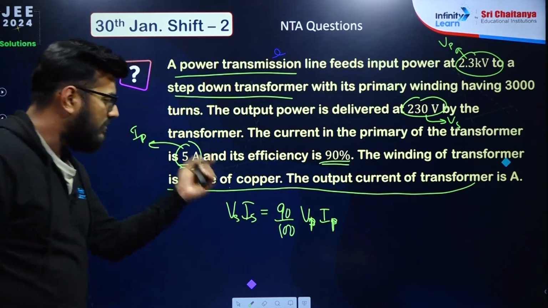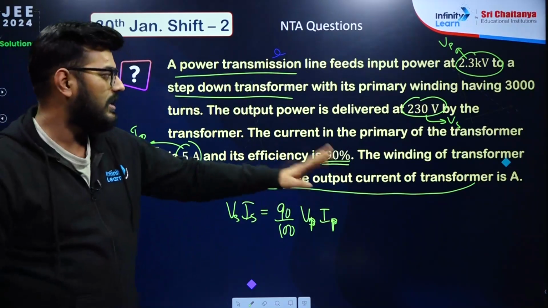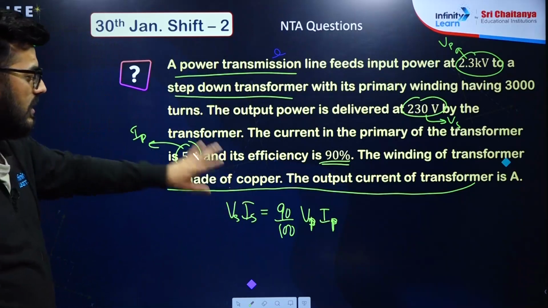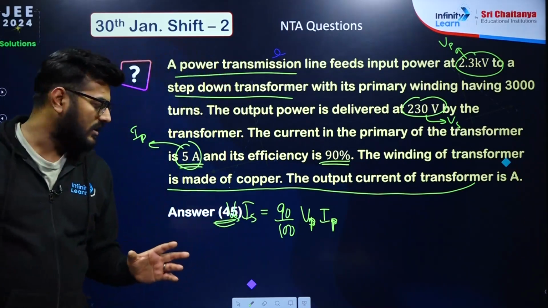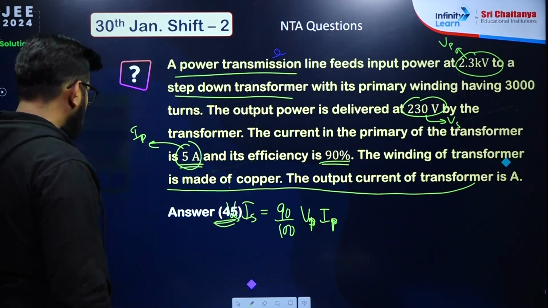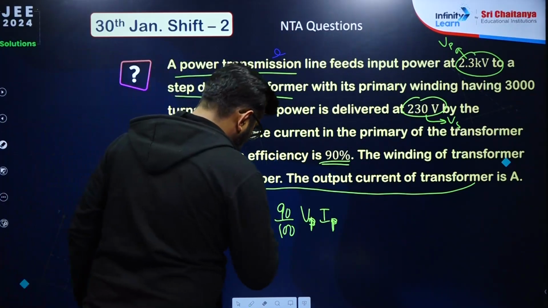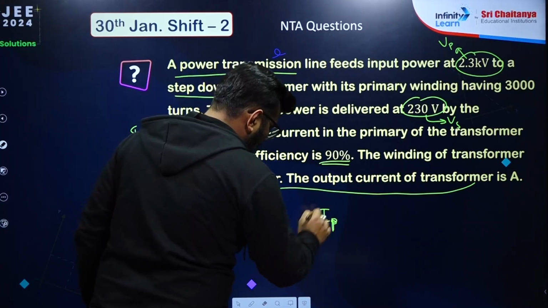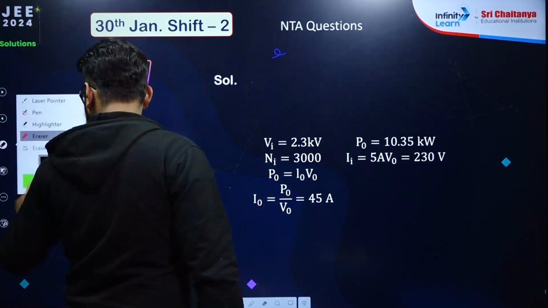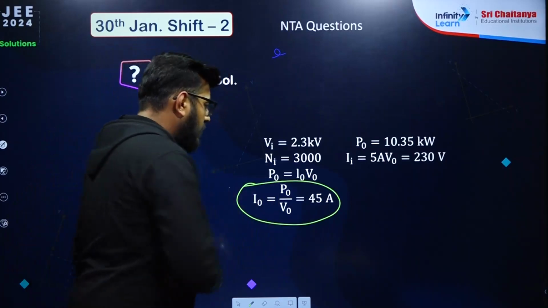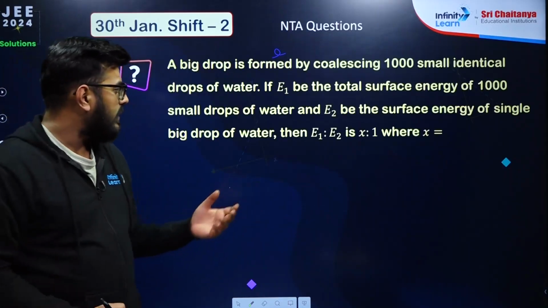Now I think you can very easily find out the value of Is, because that's the only thing which they are asking. So the answer will be equal to 45. This is an integer type of question. Answer number 45 is the correct answer over here. Based on this, you will get the value as 45. I hope I am clear to everyone, right? Now moving ahead for the next one.